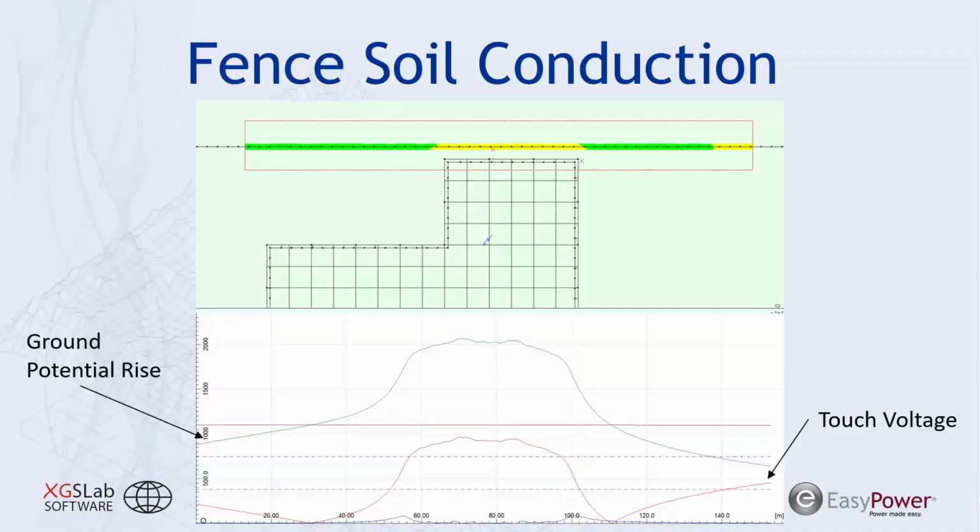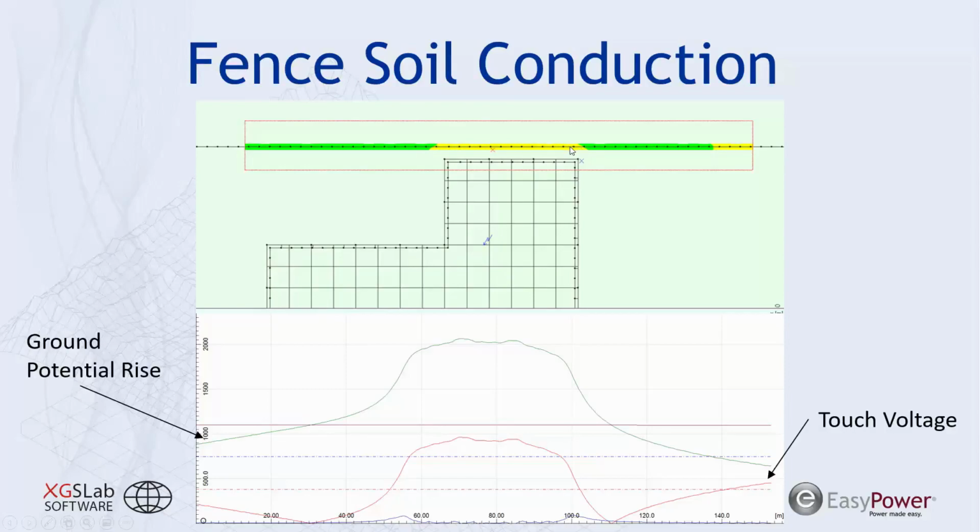So during a fault, what we see is we have a ground potential rise, and that's drastically elevated in this extension of our substation grounding system. And that drastic elevation of the ground potential rise results in a touch voltage hazard in this yellow region of the fence line.